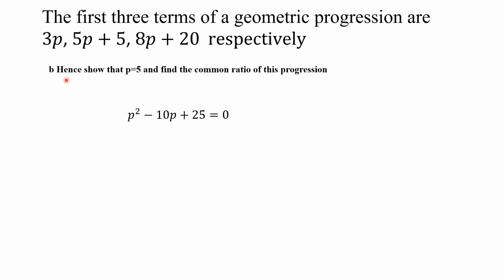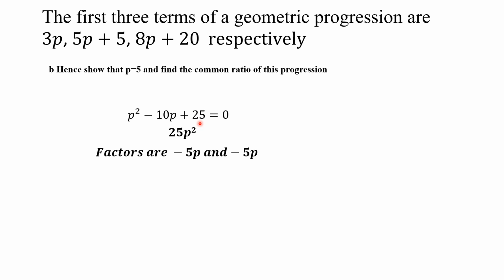We want to find the value of p. So we multiply the first one and the last one and we get 25p squared. Then we find factors which when multiplied give us 25p squared, but when added give us minus 10p. So the factors are minus 5p and minus 5p.